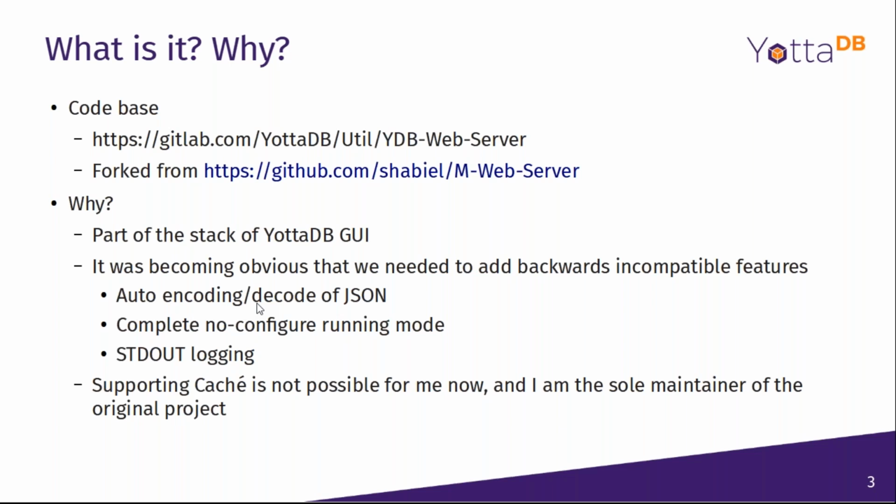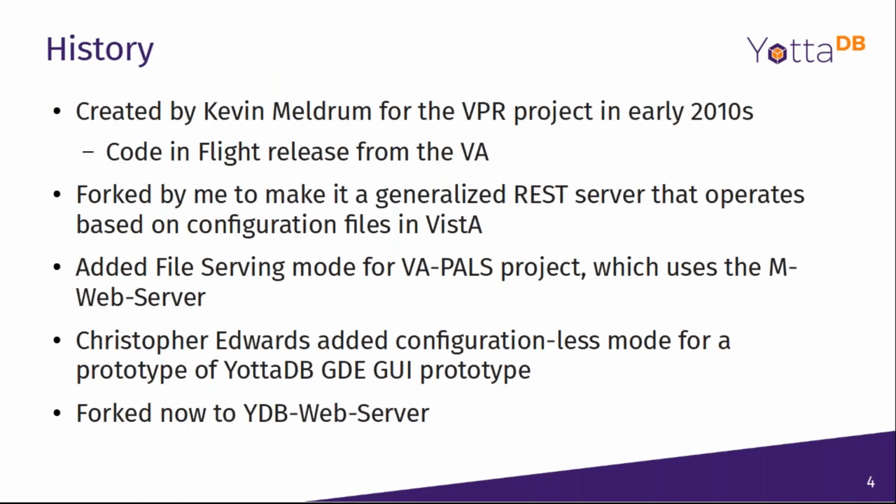Makes sense. Sam, the original MWeb server that you forked from the VA was created, I believe, by Kevin Meldrum. The code he had was using a $TEXT table, so he was not depending on FileMan or any of the kernel utilities.